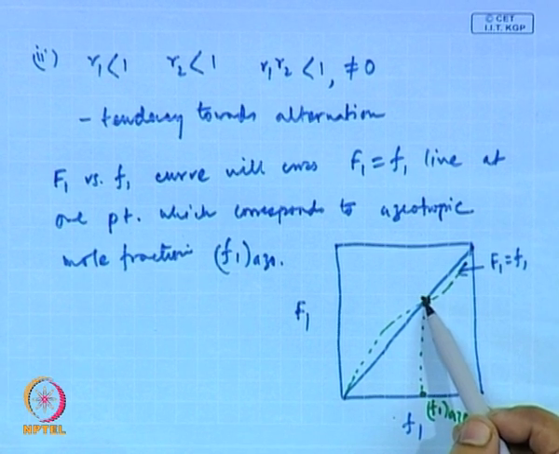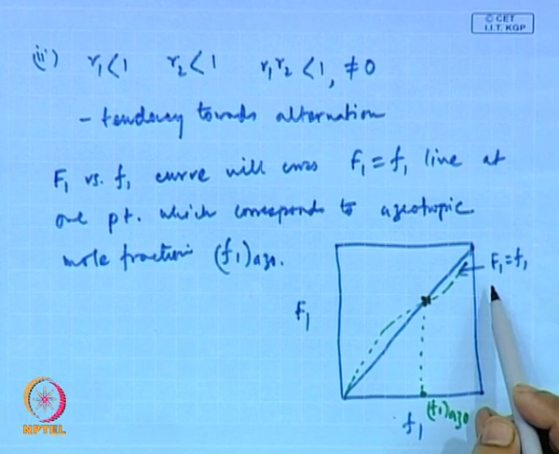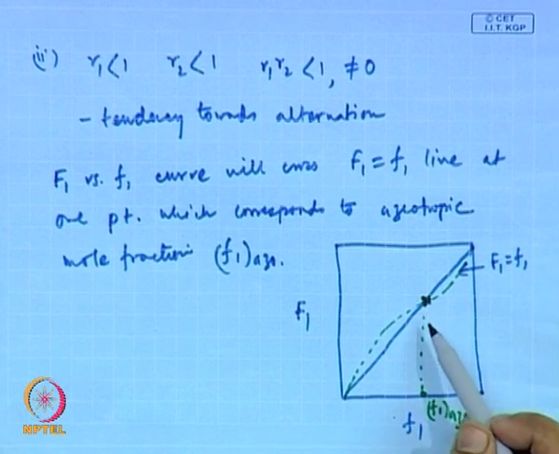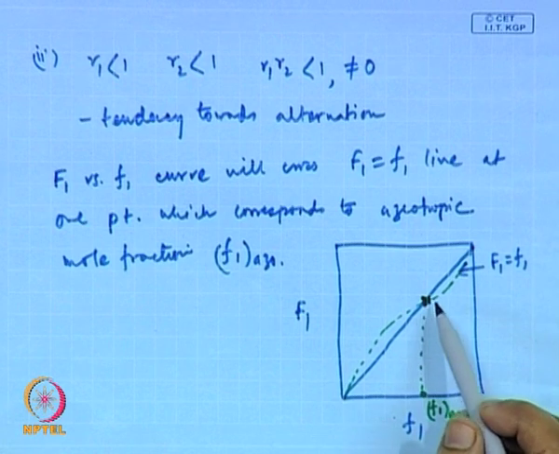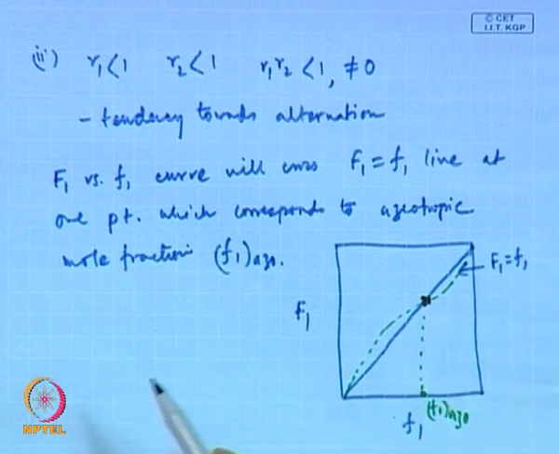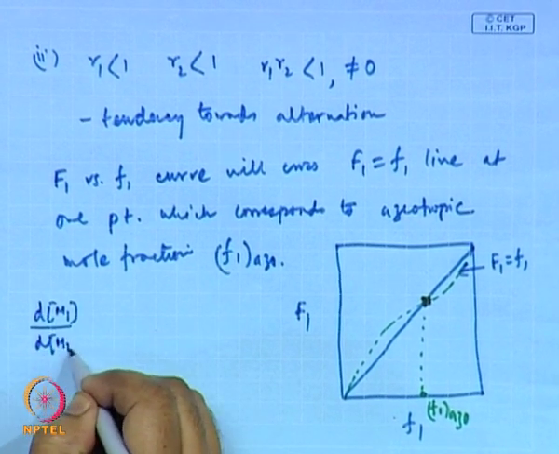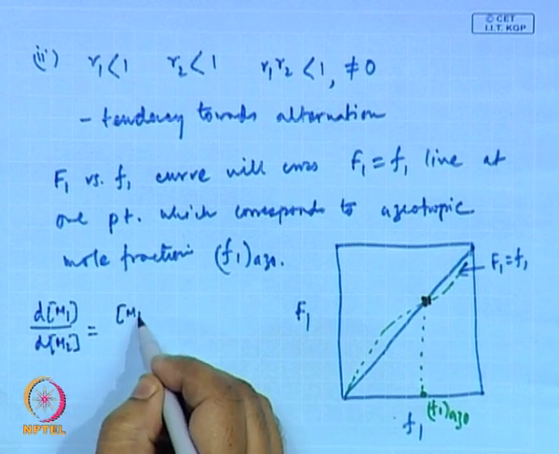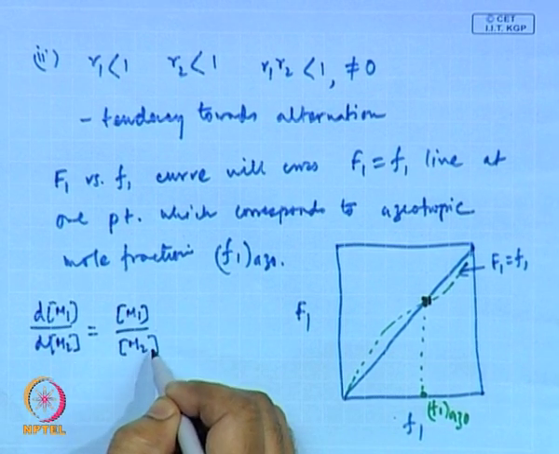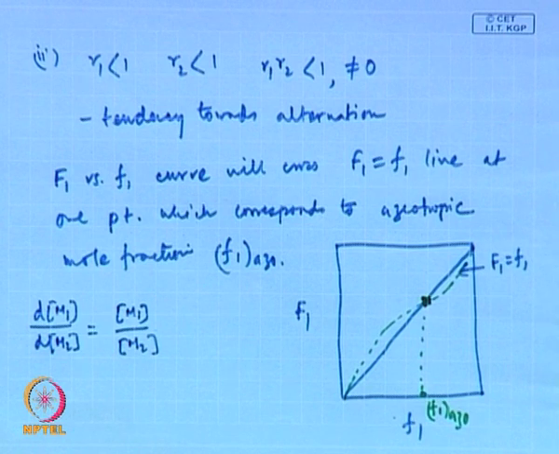So, if you take this particular composition and then polymerize, we will always get the same composition of the copolymer here. At this point the copolymer and the feed compositions are the same, and copolymerization occurs without changing the composition in the feed ratio.